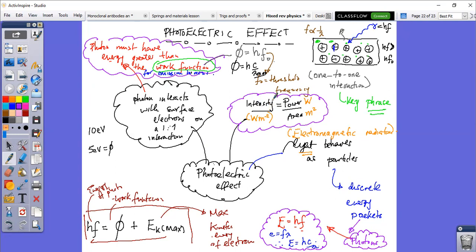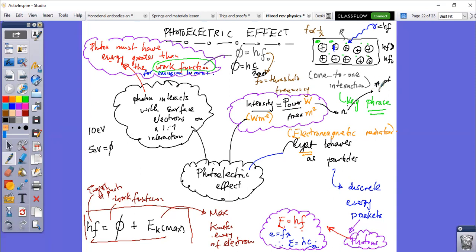And of course, the intensity plays into what happens to the electrons that are emitted, or if you like, dislodged from the surface. How is this all linked up? Well, power: if I know the number of photons I'm sending out a second, and I know the energy of each photon, surely I can multiply them.